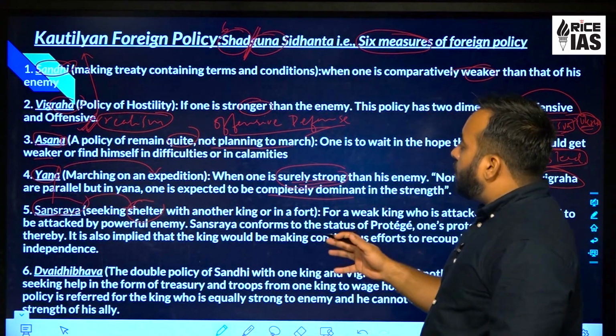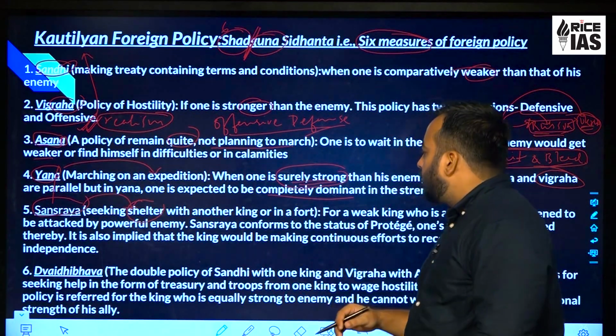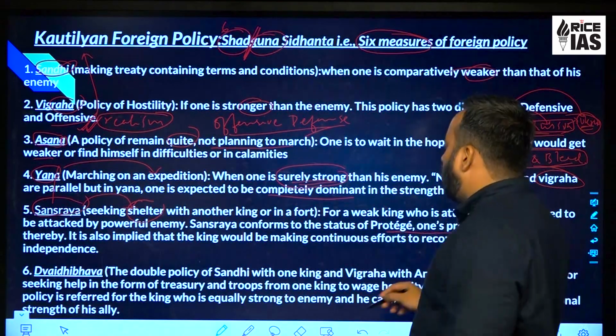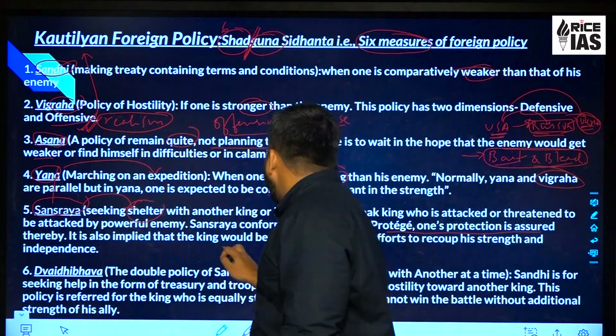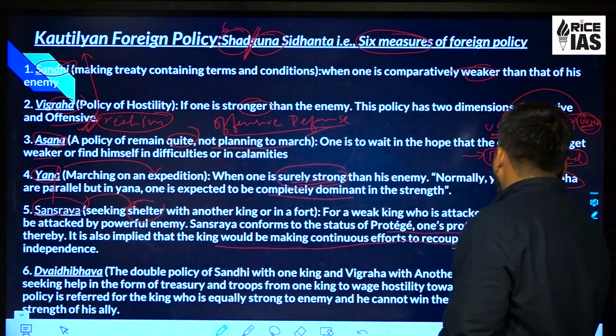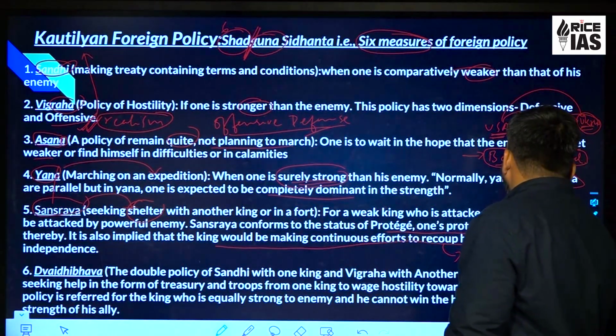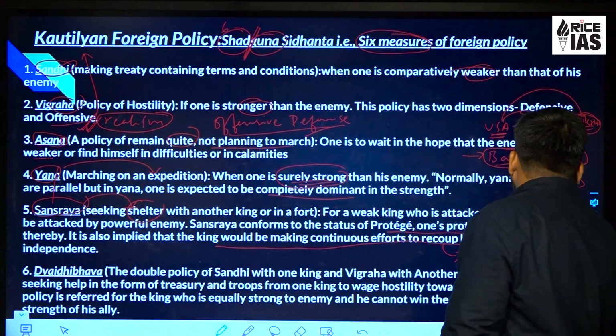So this has also been done during guerrilla warfare tactics. One is protected and assured, thereby it is also implied that the king would be making continuous effort to recoup his strength, gather men and material to relaunch the attack.